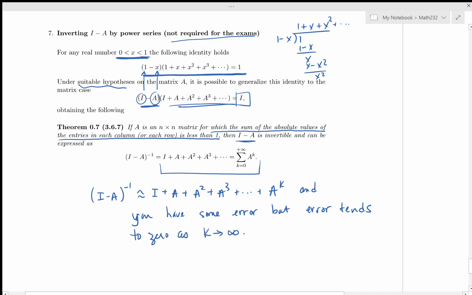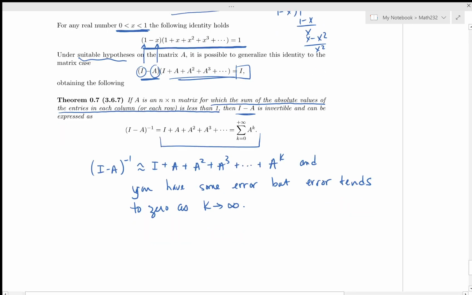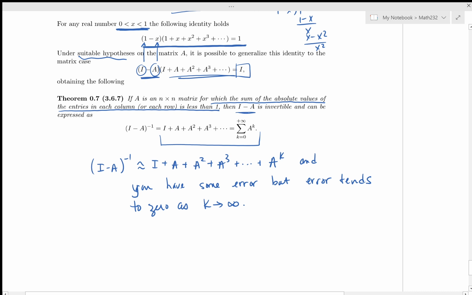So you could determine what sort of error is permissible in your application, and then use this method to make that calculation and simply terminate at a certain point. This is useful for numerical calculation when you want to find something within a certain error bound.